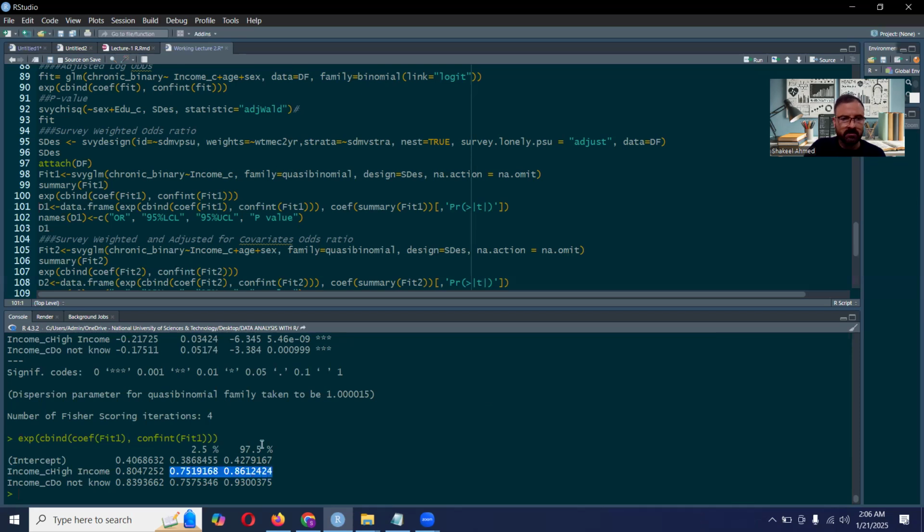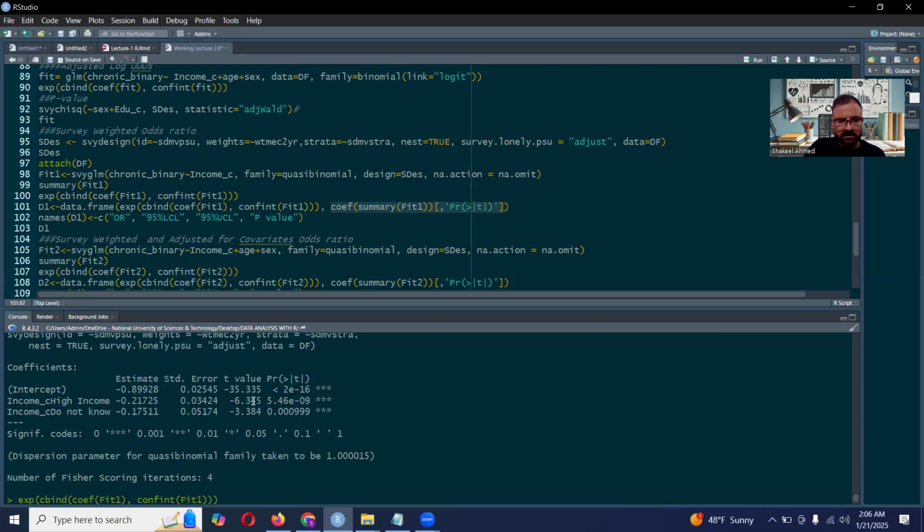The 95% confidence interval we obtained, and we can write all these in the form of a data frame, making it easy to present. That is, we have the exponentiated coefficient and confidence interval, and then I am extracting the p-value from this analysis, the rightmost column of the summary coefficients.